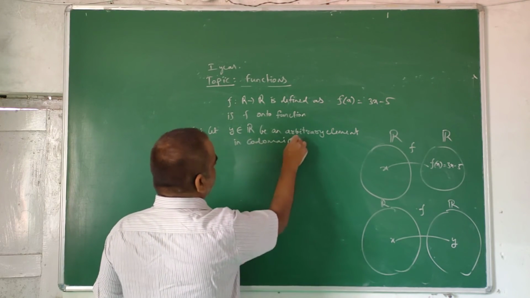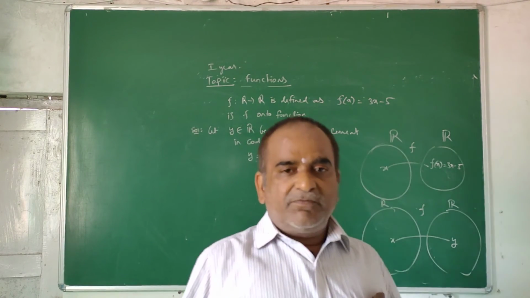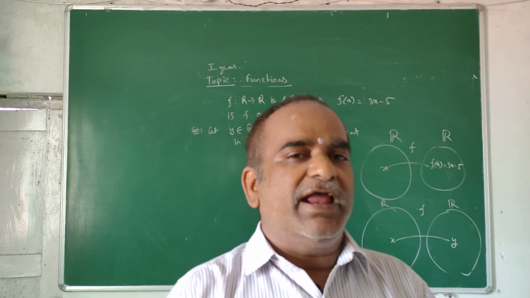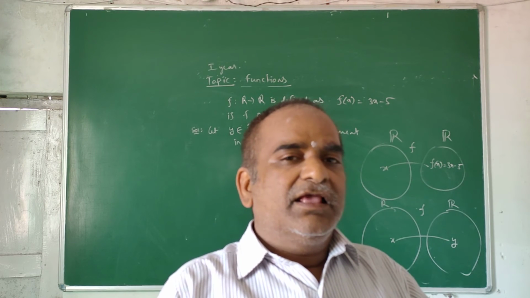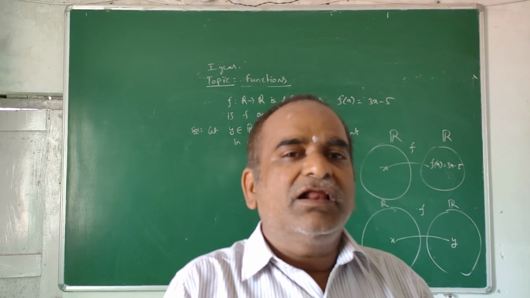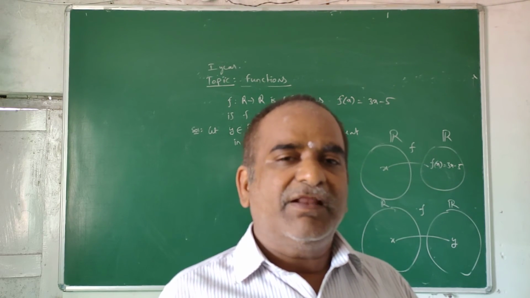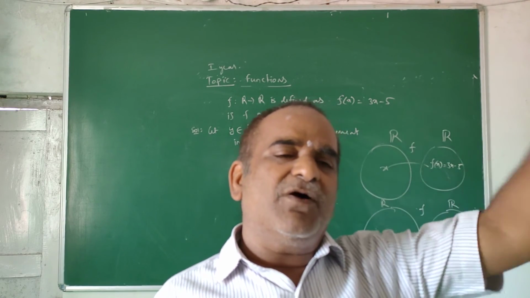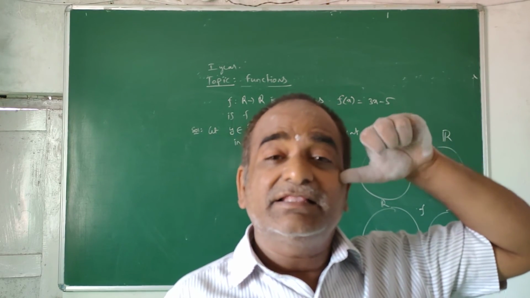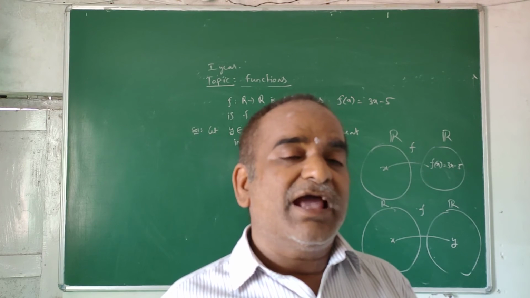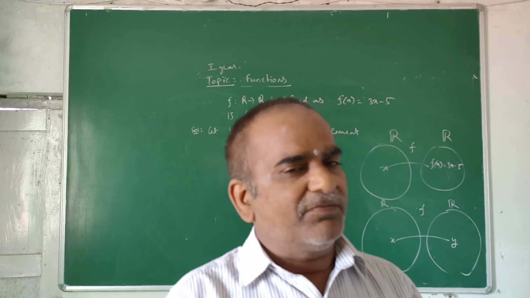And when this y is equated to 3x minus 5, from this equation, whatever x you get, that x should fall in domain R. If it falls in domain R, it is clear that we could catch a pre-image x for y. Suppose it is not falling in the domain, and you are unable to catch any x in domain, it means that y is left over without a pre-image. So it is not an onto function.